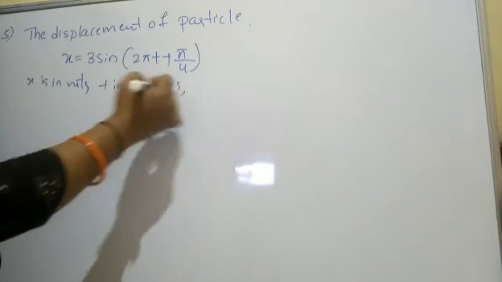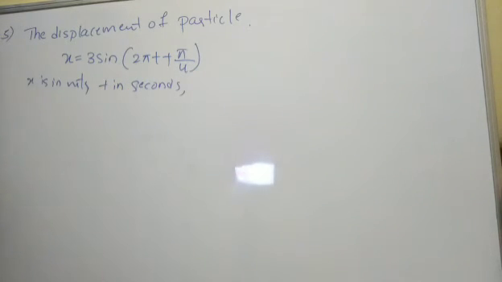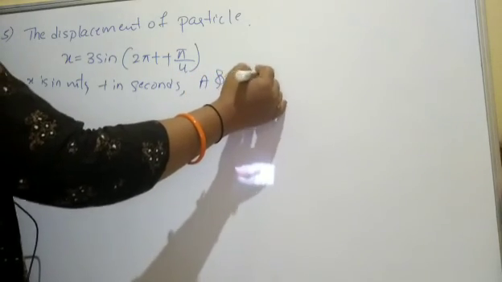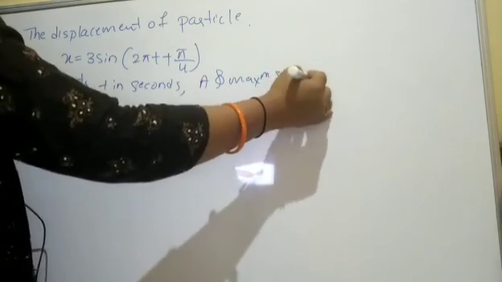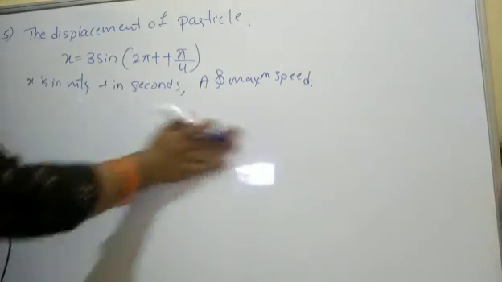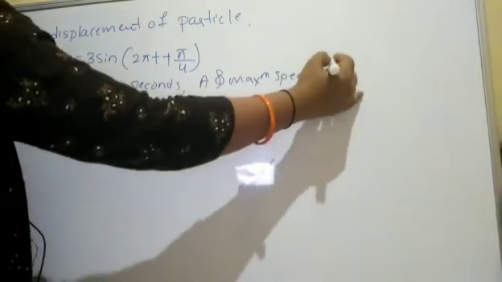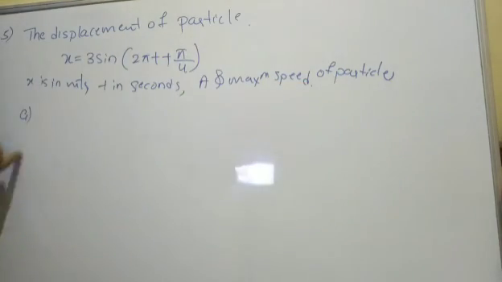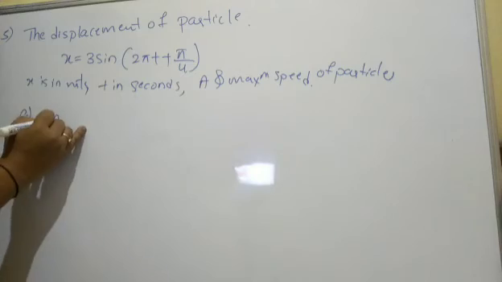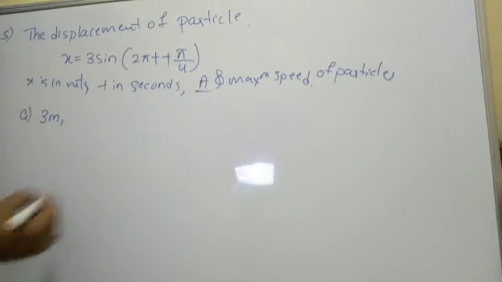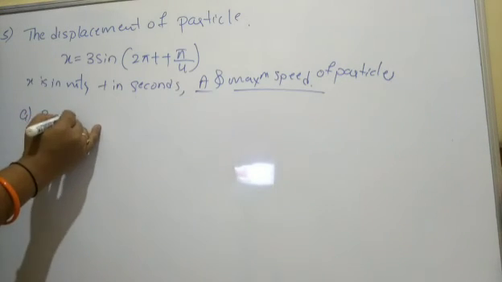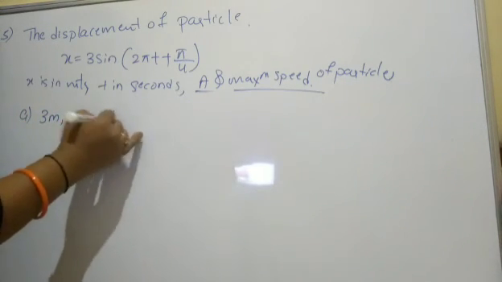It's asking for the amplitude and the maximum speed of the particle. Maximum speed is nothing but the velocity of a particle only. Options are given. The first option is 3 meter and 2 pi meter per second.